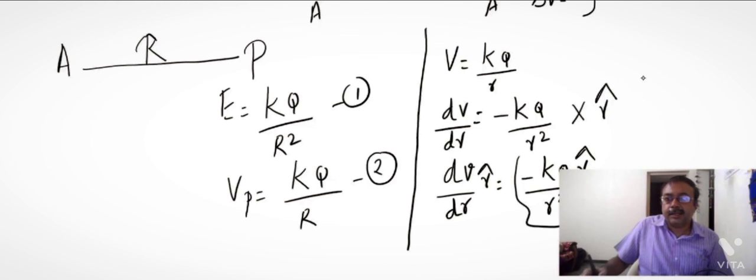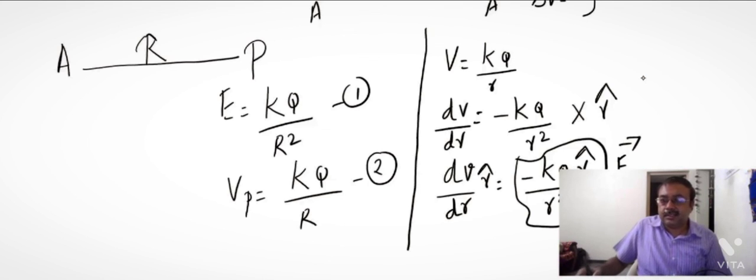This entire term we know is nothing but our electric field. So we can say that the electric field is the negative of the differential of the potential. This is another relationship which is used oftentimes.